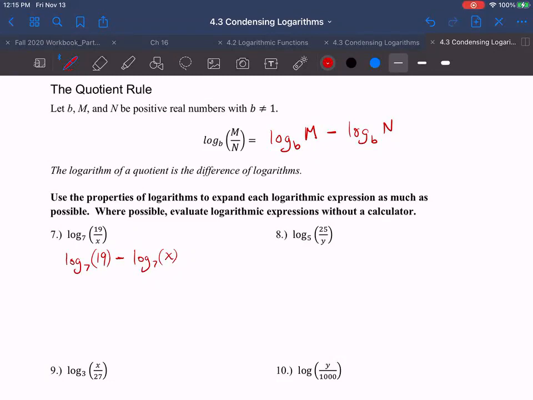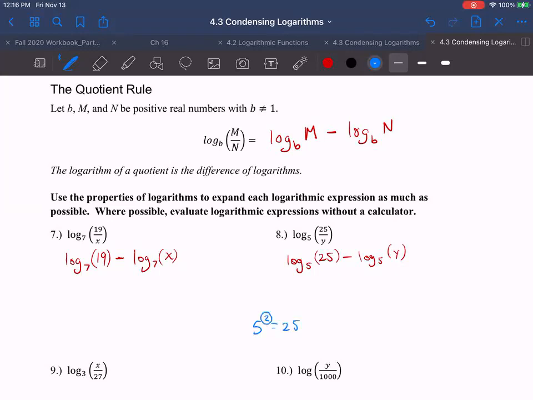We have log base 5 of 25 over y. So that can become log base 5 of 25 minus log base 5 of y. So there we go, that's done, except my log base 5 of 25 can be reduced, because 5 squared equals 25.